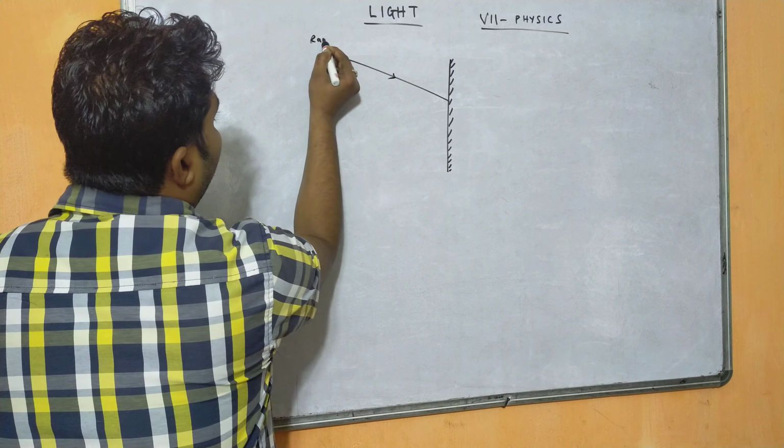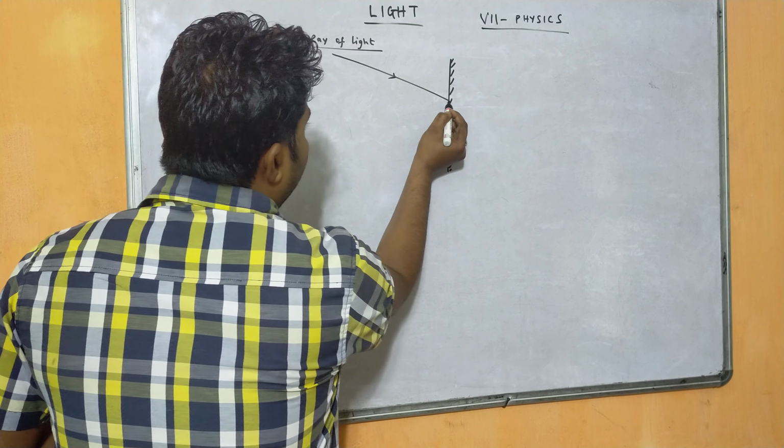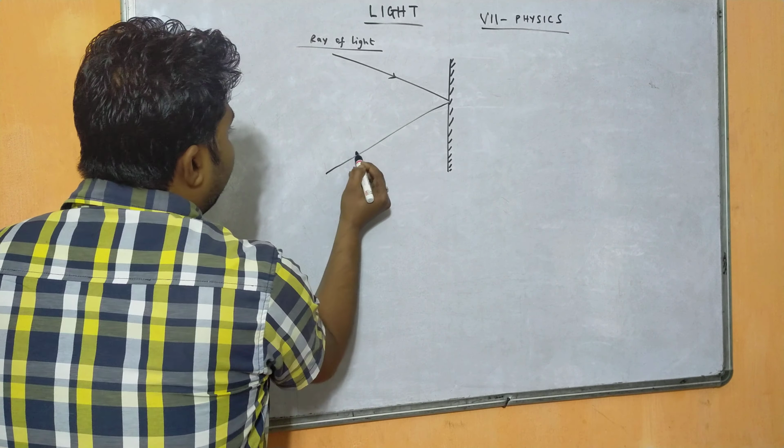Now you see I have drawn here one arrow, that means this ray of light is falling on the mirror. As soon as it falls on the mirror, it will get reflected back in the same medium. This ray of light is called the incident ray. Similarly, this ray which is coming out is called the reflected ray.